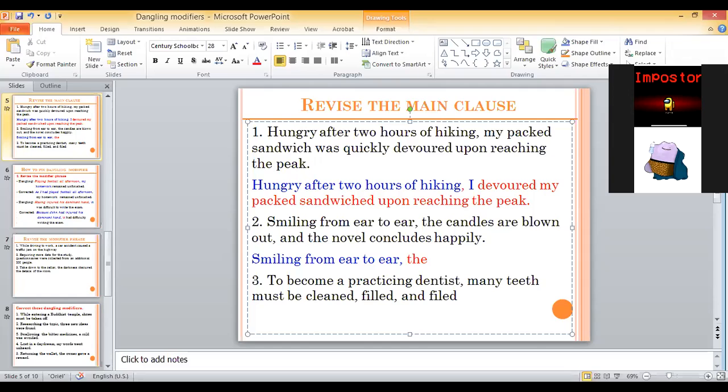Wait. I blow. No, the candles are blown out by me, right?